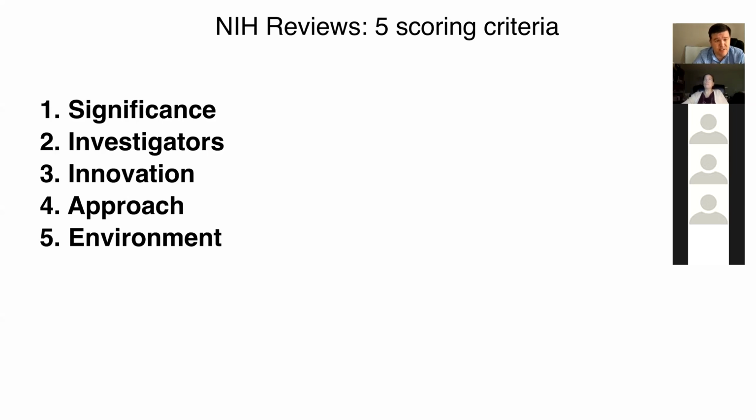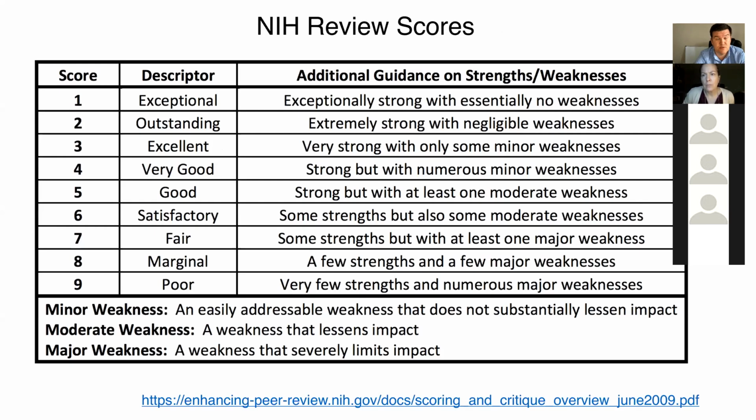The second criterion is investigators, which we're not going to be discussing in the context of this class. Third is innovation. Fourth is approach. And 5th is environment. Environment is also something that we will not be discussing in the context of this class, but all the other 3 criteria, significance, innovation, and approach, we will be discussing during this class.